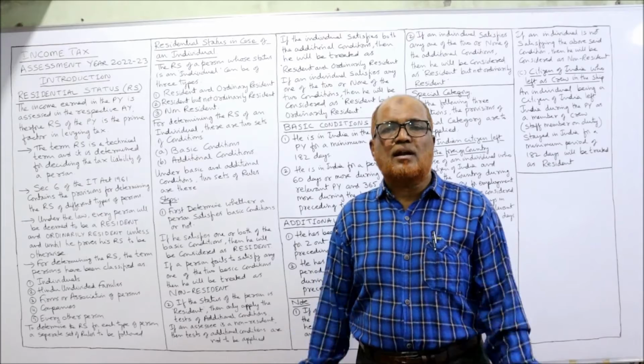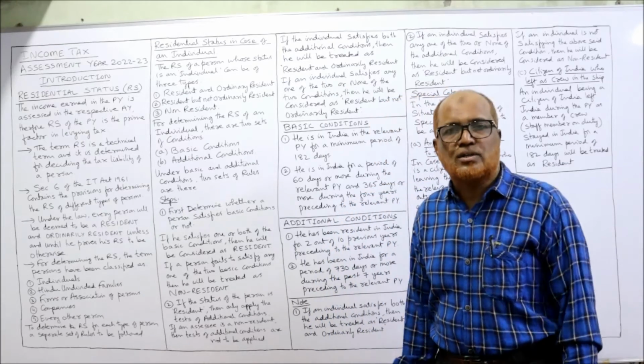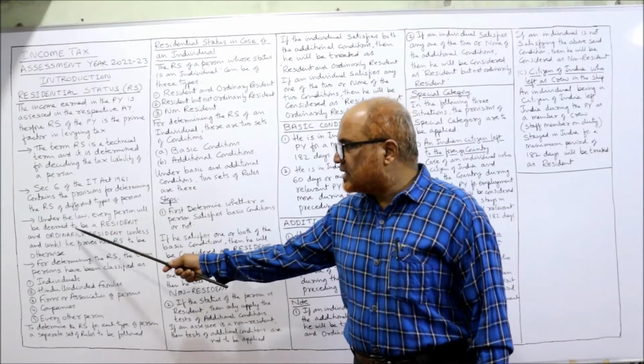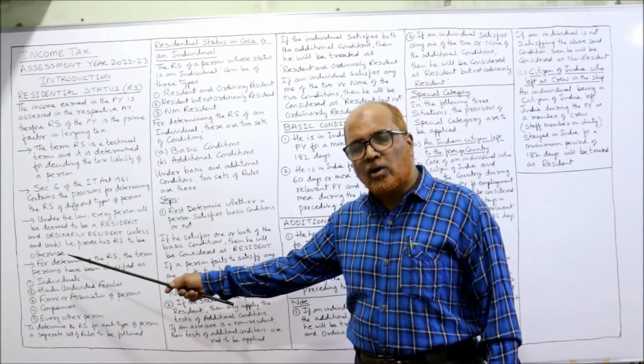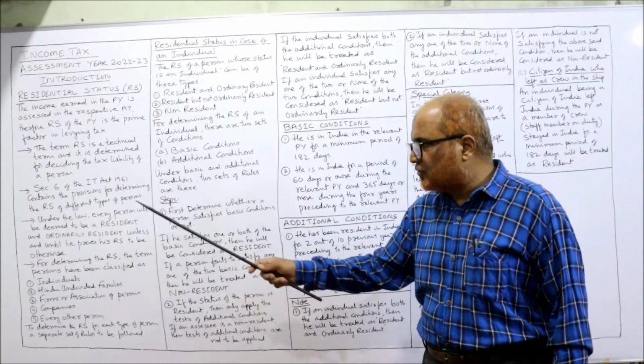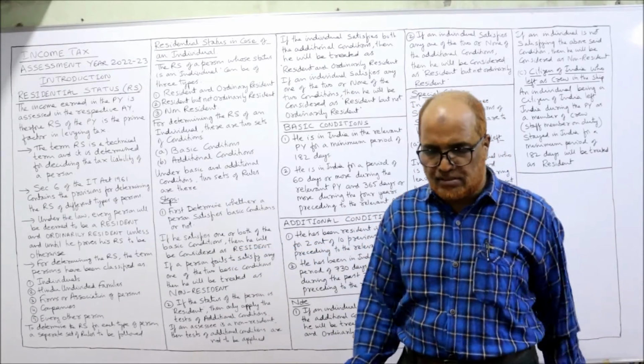All these provisions are contained under Section 6 of the Income Tax Act. Under the law, every person is deemed to be a resident and ordinarily resident unless and until he proves his residential status to be otherwise.